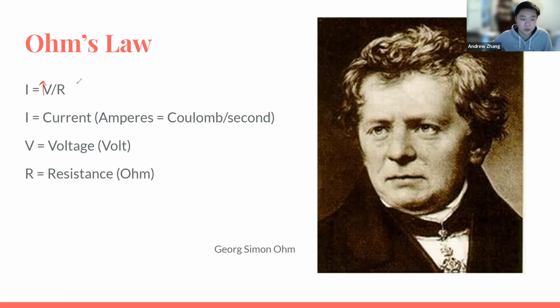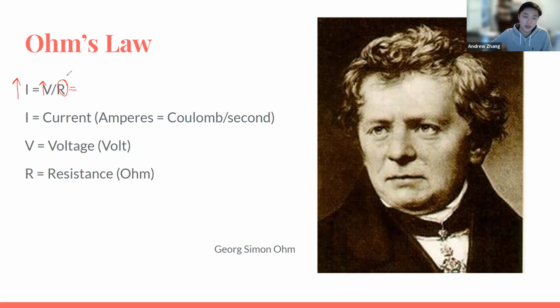You don't have to know how I'm doing this, but we'll get to that. For now, we'll just talk about these variables on a larger scope. If R stays the same and V increases, then according to this equation, I will also increase as a result.